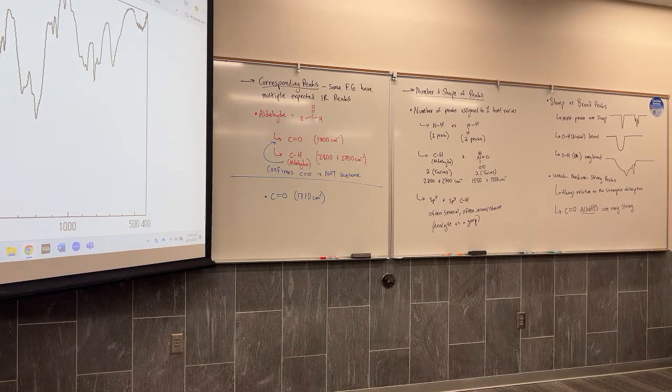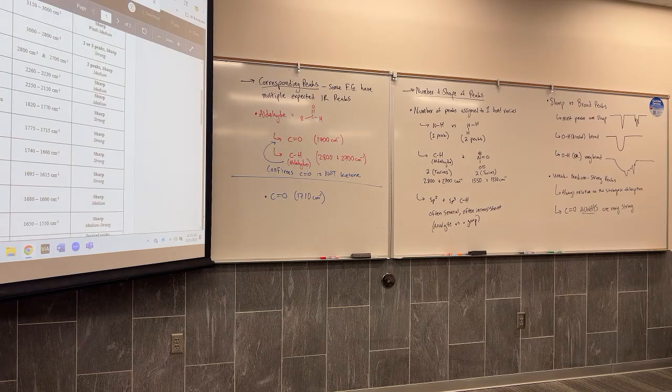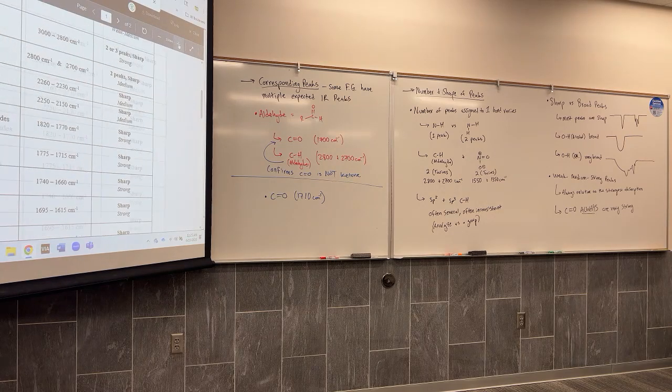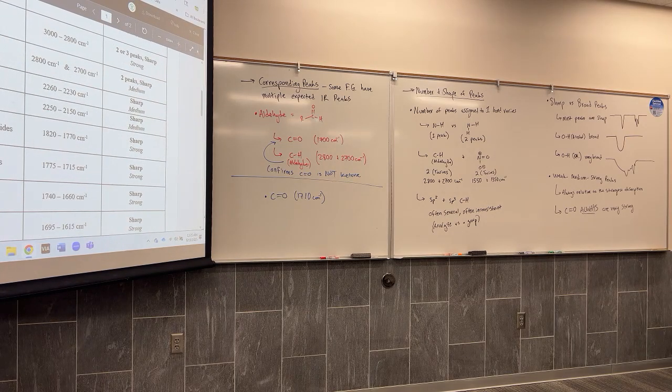What functional group does that carbonyl belong to? Let's look at the correlation table. And we look at this range near 1710.